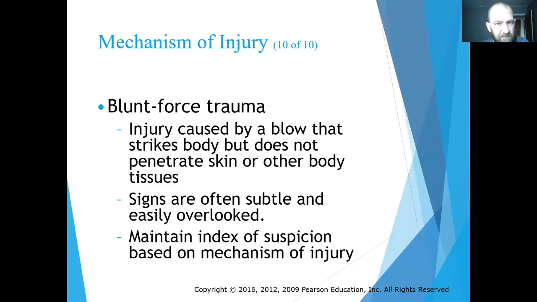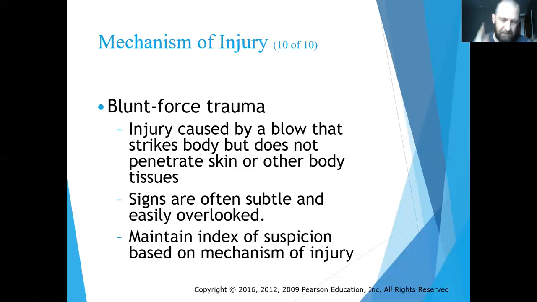The heart rate's going up, the respiratory rate's going up, altered mental status due to a lack of oxygen from a lack of blood getting to the brain, things like that. So if we start seeing things like that, then we have to be suspicious that something's going on in the body, right? The body doesn't just compensate for no reason. There's something going on for those mechanisms to become engaged.